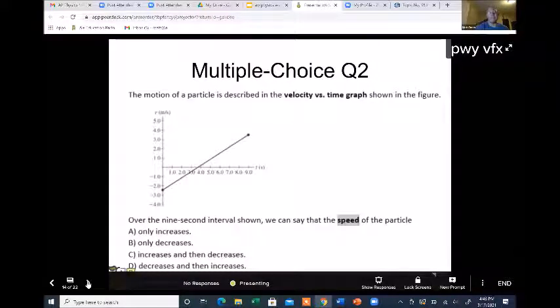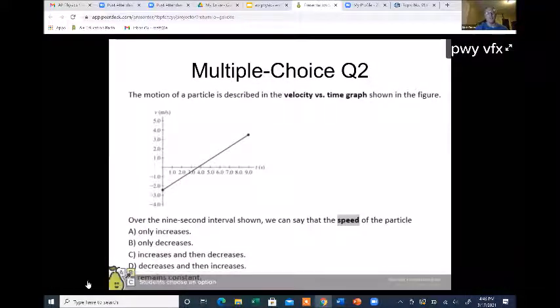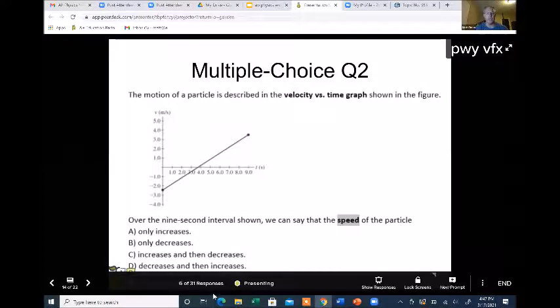Same thing, take about a minute or so and try to answer question 2. Notice that bolded word in the question, speed. So pay attention to that word. That's the key word in the question. So go ahead and enter your answer, paying attention to the keyword speed.